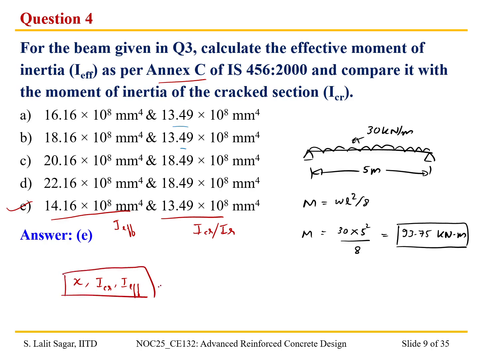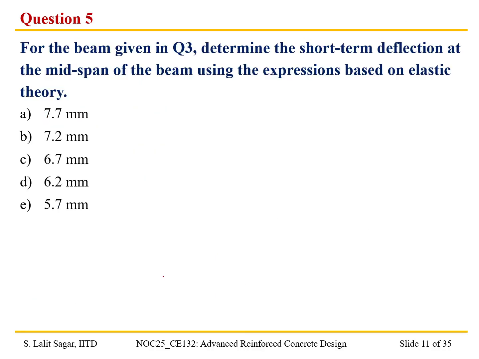Now let us proceed to this question on the short-term deflection. For the beam given in question 3, determine the short-term deflection at the midspan of the beam using the expression based on elastic theory. When you consider the mechanics, let me draw a simply supported beam subjected to a UDL.